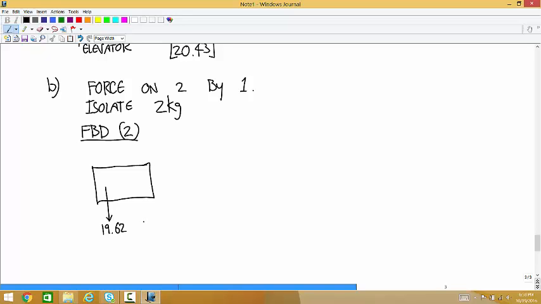We have that force Fe, and now we know what that value is. So Fe is equal to 20.43. And then we have that pushing force down, I'll call it F1, from the 1 kilogram box.